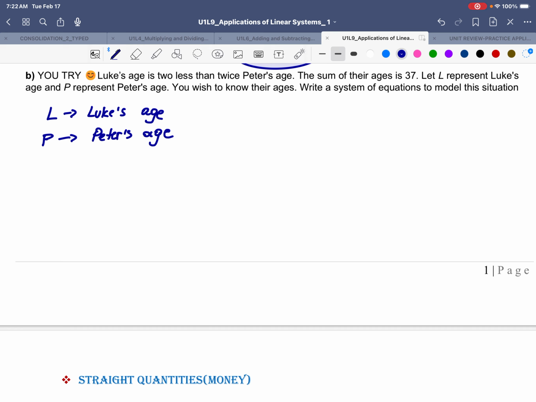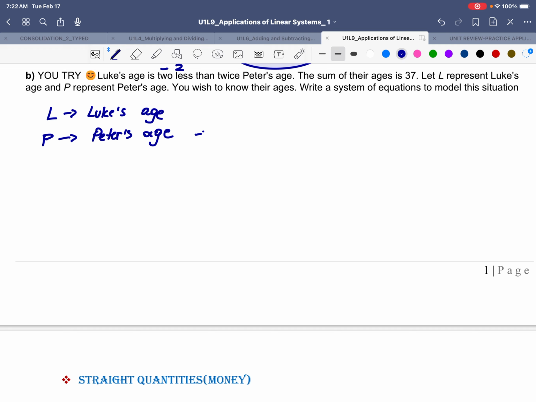Now I'm going to reread the problem one more time, and this time I will try to connect these variables with the information given. Luke's age is 2 less, so when we say 2 less, it means that we are subtracting 2. Then twice Peter's age. So we're subtracting 2 from twice Peter's age.